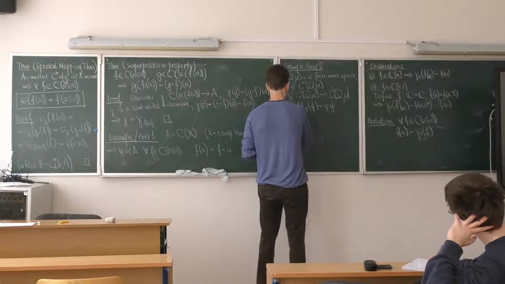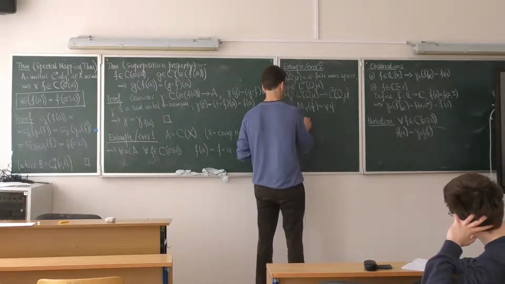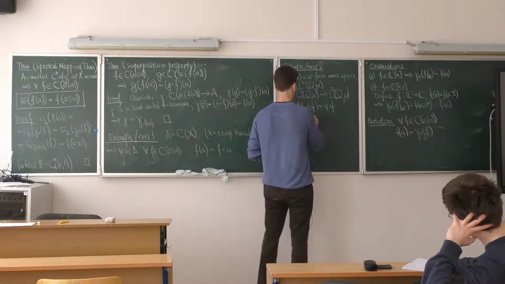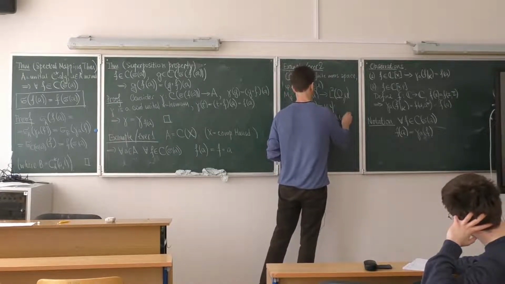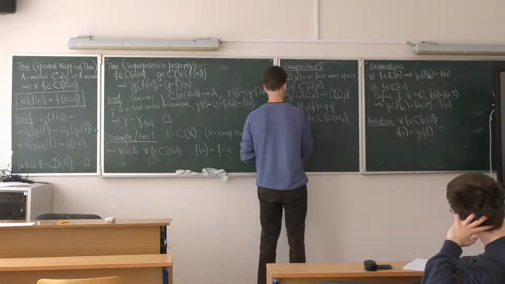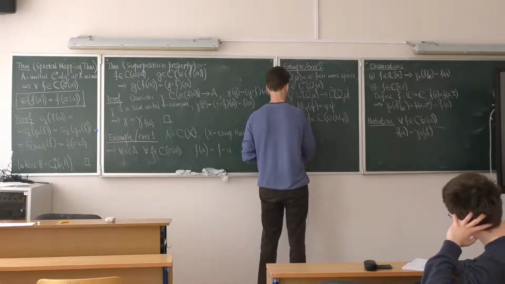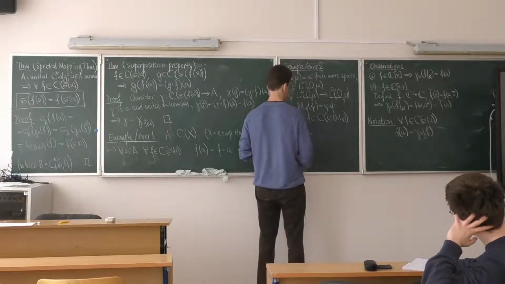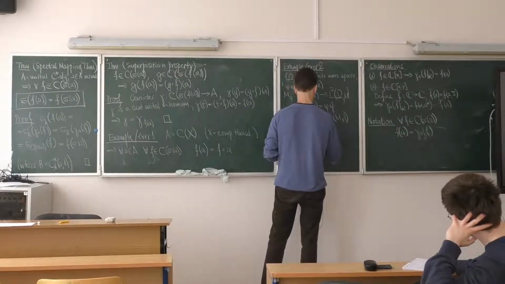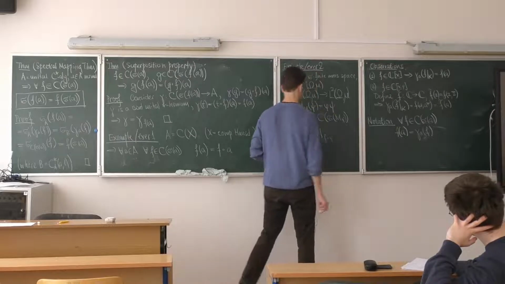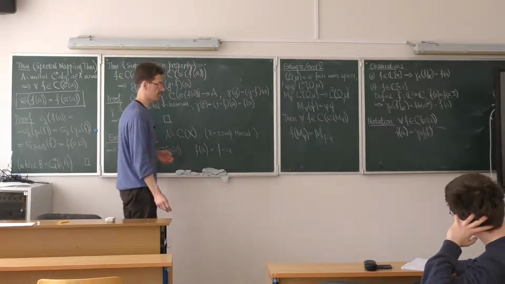So I claim that this functional calculus is given by the following formula. For every continuous function f on the spectrum of this operator, the operator f of m phi is again the multiplication operator by the following function, f composed with phi.